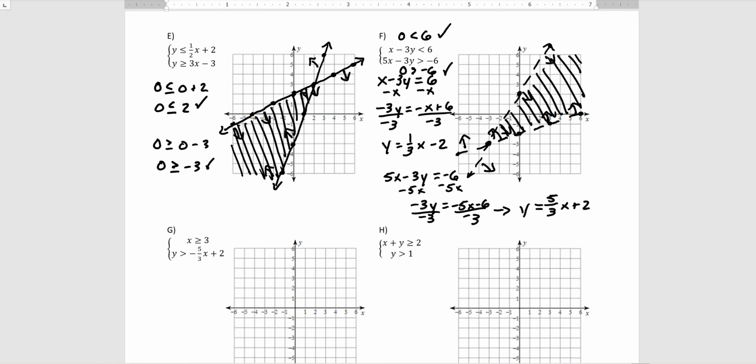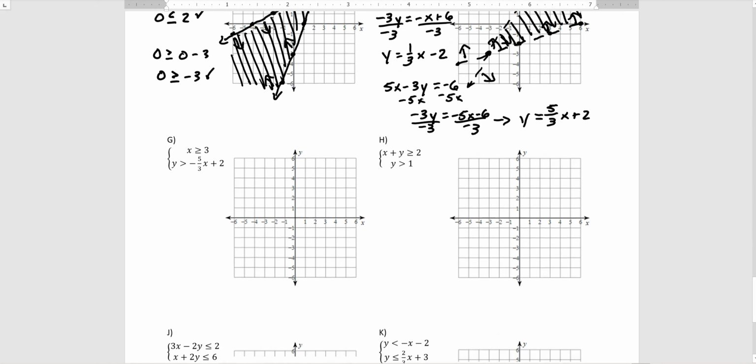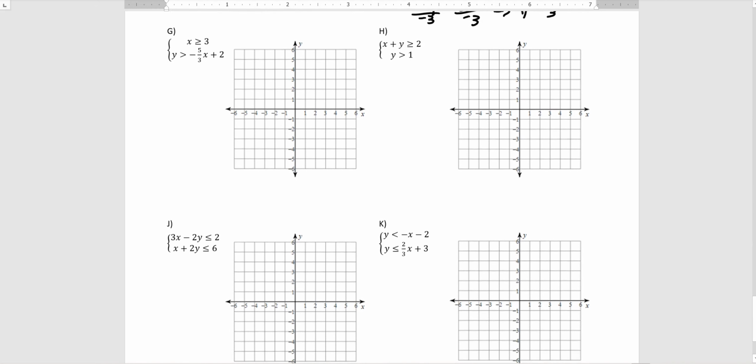All right. Hopefully we're feeling confident. I want to go ahead and look at letter G together. X is greater than or equal to 3. Y is greater than negative 5/3 x plus 2. I just wanted to make sure we understand how we're graphing. X is greater than or equal to 3. Think of that as x equals 3. What type of line is that? That's a vertical line, right?